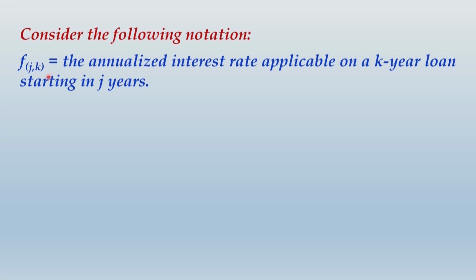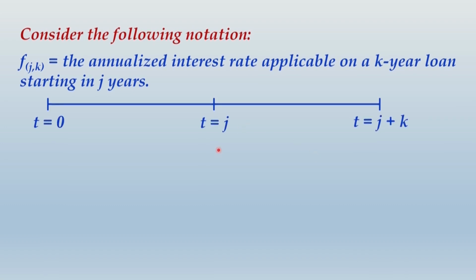So f(j,k) is the annualized interest rate applicable on a k-year loan starting in j years. So please understand this timeline. Currently t equals 0. There are two different timelines where t equals j and t equals j plus k.